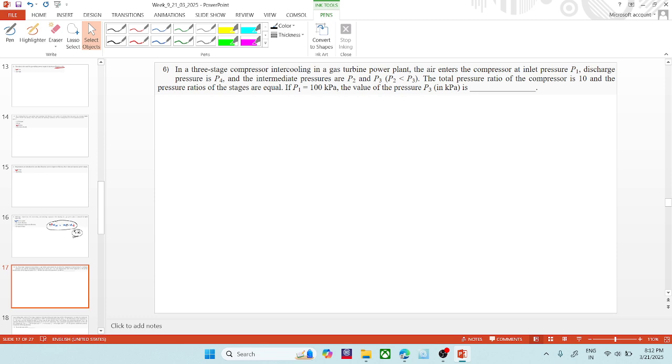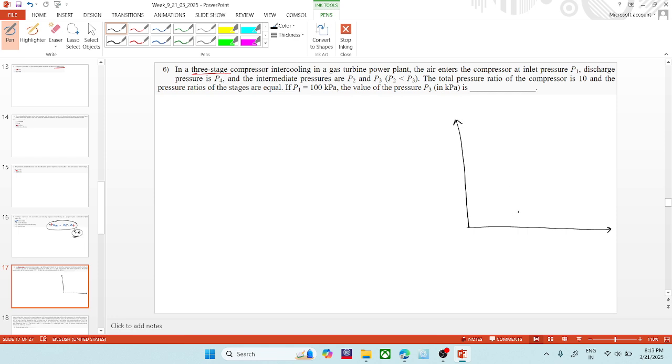So problem number 6. In a three-stage compressor intercooling in a gas turbine power plant, the air enters the compressor at inlet pressure P1. Let me draw the cycle first.